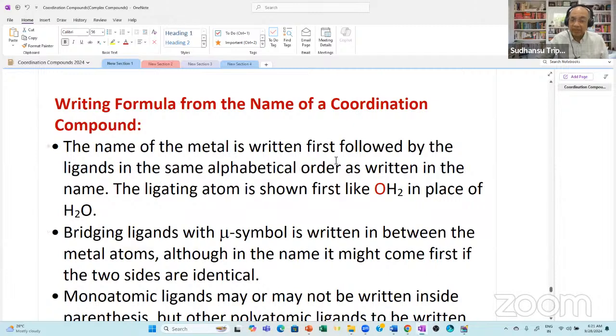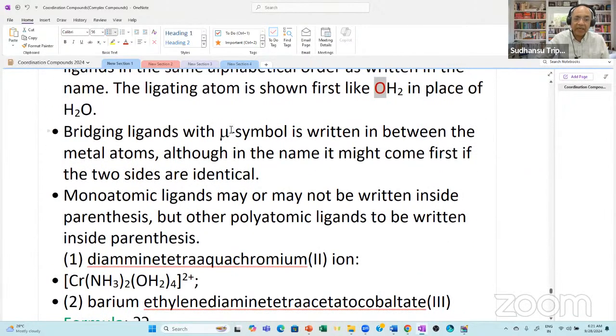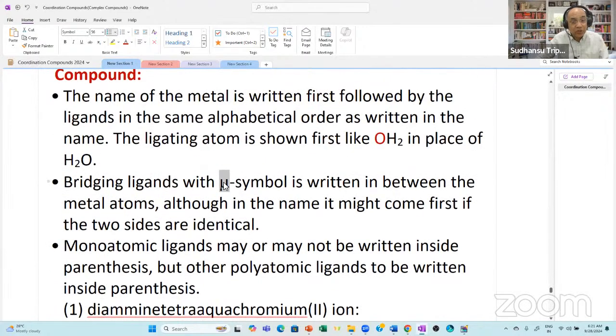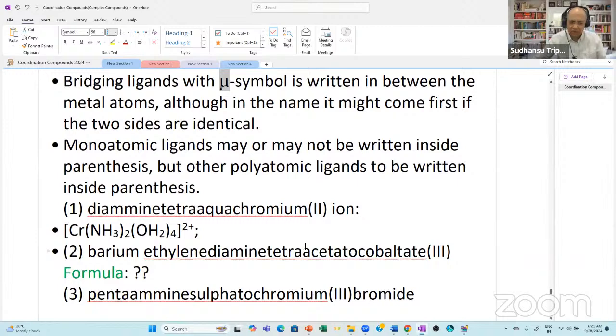The name of the metal is written first, followed by the ligands in the same alphabetical order as written in the name. But the ligating atom or the donor atom has to be shown first. A bridging ligand should be given a mu symbol before that, and it should be shown in between the two metal ions. We'll talk about that. Bridging ligands, you don't answer the question.